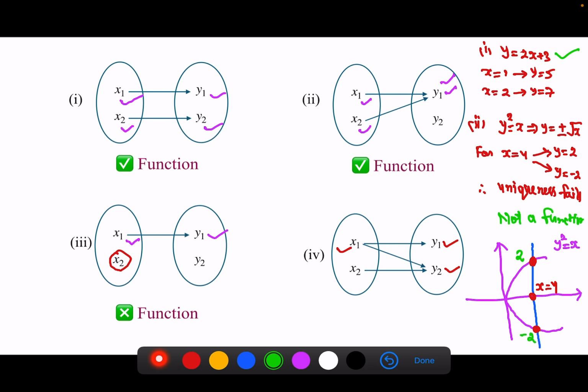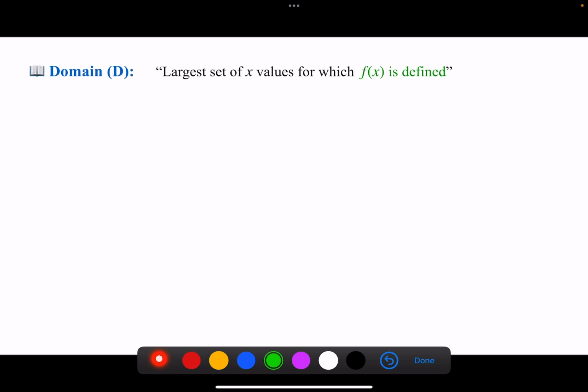Now an important question is, for what values of x is a function valid? This leads to the concept of domain and range. So domain is the largest set of input values x for which the function is mathematically defined. We can say domain has all allowed values of x.